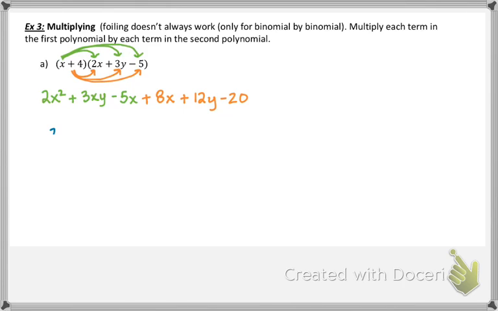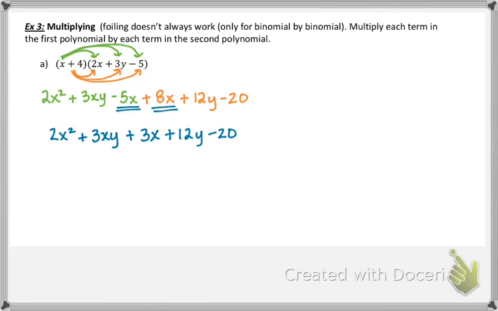So 2x squared, nothing to combine, 3xy cannot combine, but this negative 5x and the positive 8x I'm going to combine to make positive 3x. And then 12y can't combine with anything, and negative 20 cannot combine with anything. So we end up with a very long polynomial, which is okay.